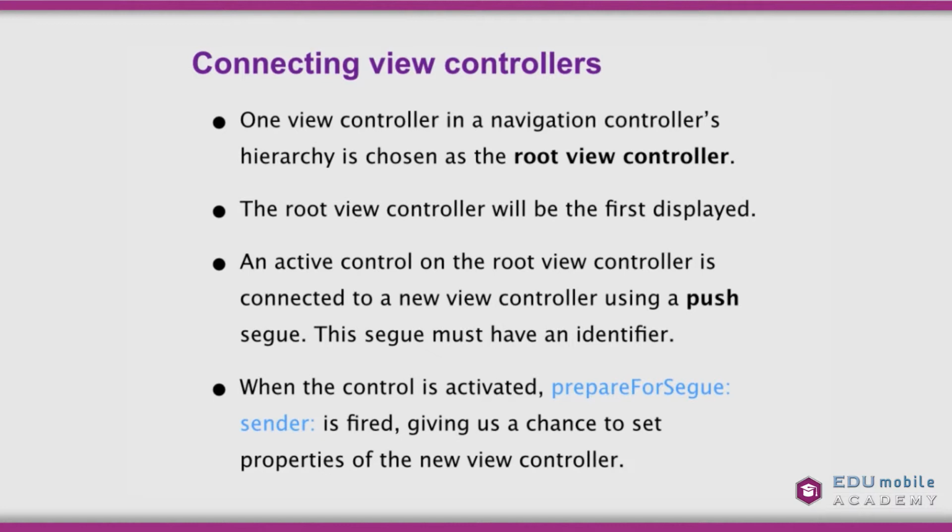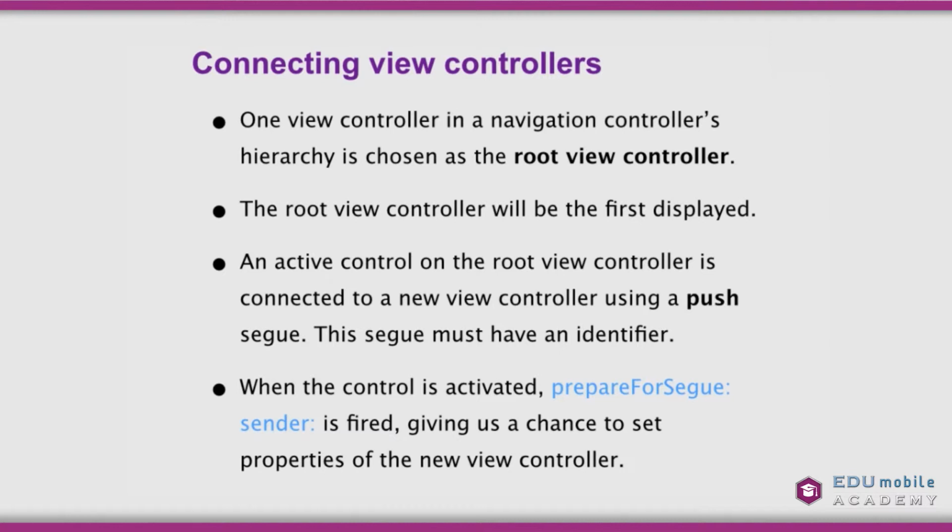An active control on the root view controller is connected to a new view controller, and to do that we use a push segue. A push segue must have an identifier. Even if there's only one, always use an identifier with a push segue. Then, when the control is activated, the segue fires and the new view controller is pushed.